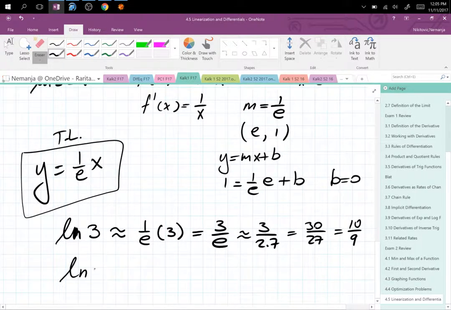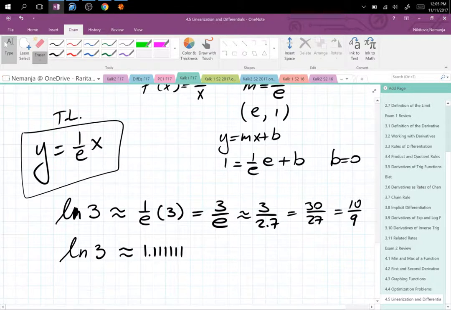So ln of 3 is approximated by 1.11111 forever. When you divide 10 by 9, you get 1.1111111. All right, use your calculator.